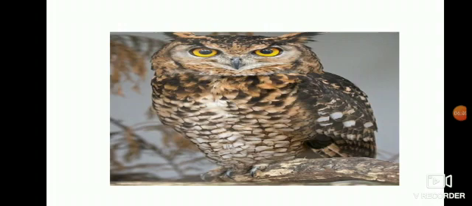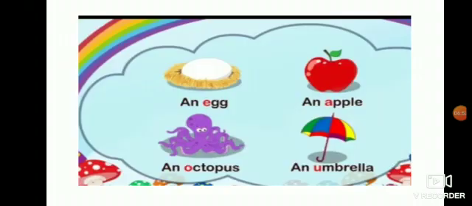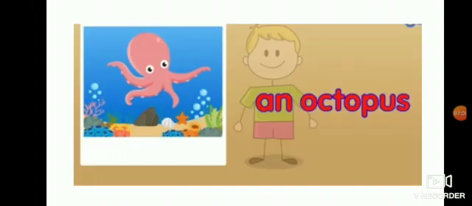Before consonant you have to use a. Before vowel you have to use an. Read the following: an elephant, an orange, an ink pot, an egg, an apple, an octopus, an umbrella. E, A, O, U, all are vowels, so before vowels you have to use an.